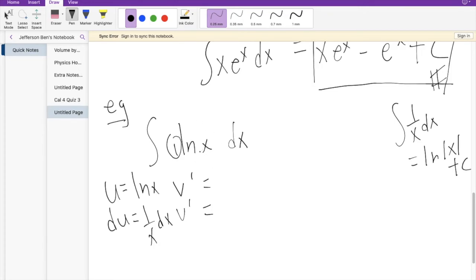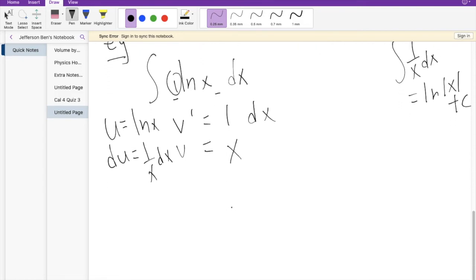So we can choose 1 as v prime, because you have nothing else left to choose. So we can choose 1 dx. Then we integrate this. The integral of 1 is just x.